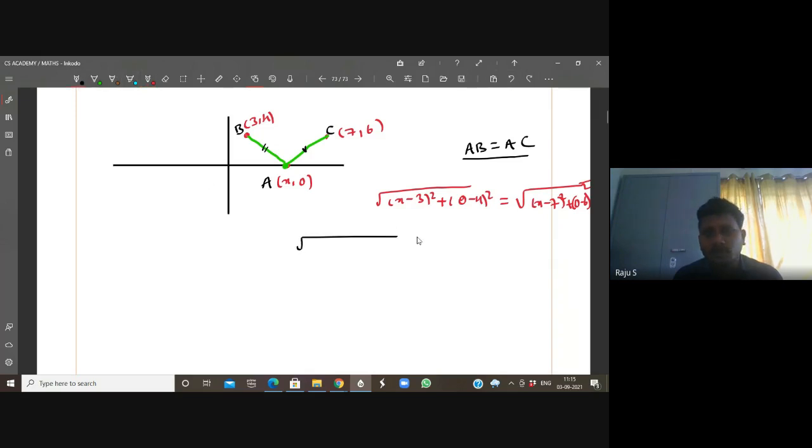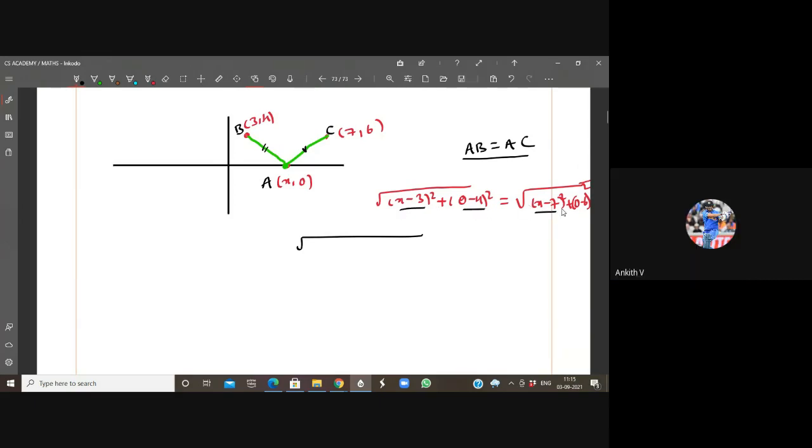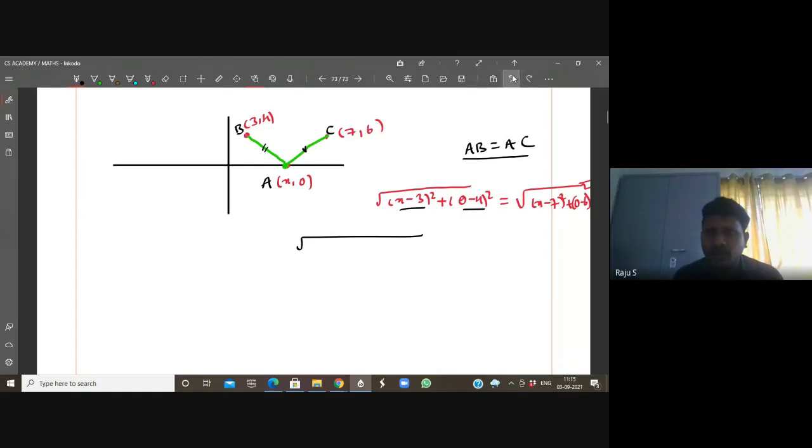Simplify this and you'll get the x value. Squaring on both sides, x minus 3 the whole square plus 4 square equals x minus 7 the whole square plus 6 square.